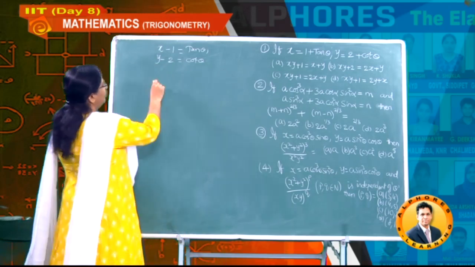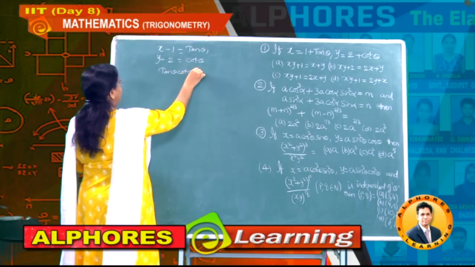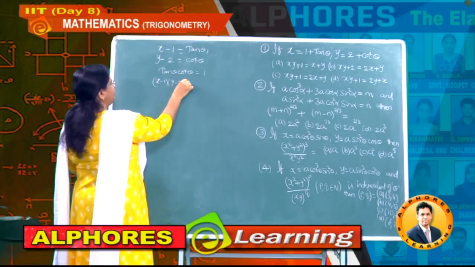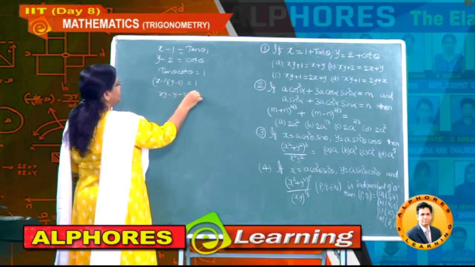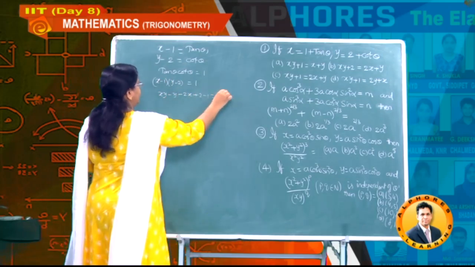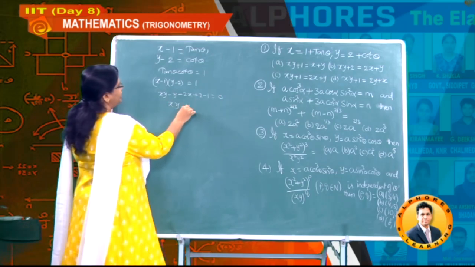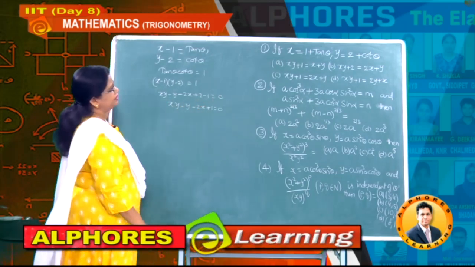Tan theta into cot theta is 1, and hence you need to multiply the two equations, that is (x minus 1) into (y minus 2) equal to 1. So, xy minus 2x minus y plus 2 minus 1 is 0. Got it? And therefore finally you got xy minus y minus 2x plus 1 is 0. Now, which option is right?